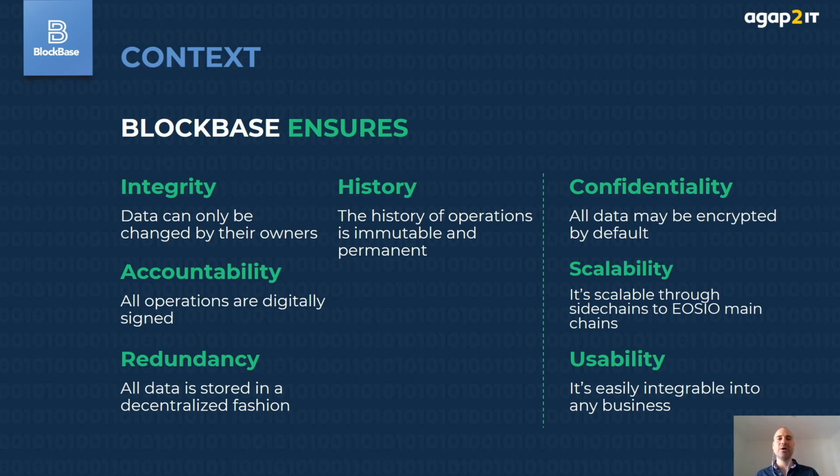But you can have as many sidechains as you need, and all those sidechains are pegged to the main chain in the sense that every block that is produced has its block header signed by all the nodes that are providing that sidechain, and published on the main chain.